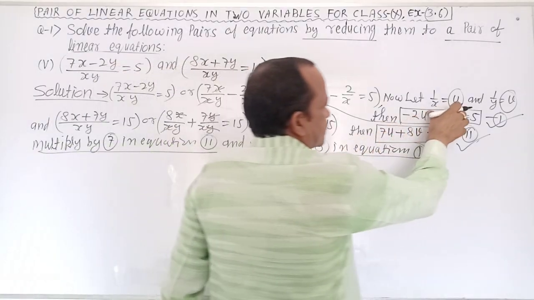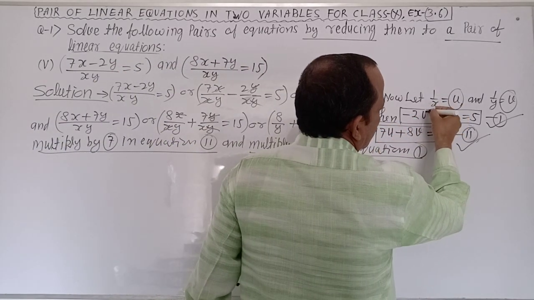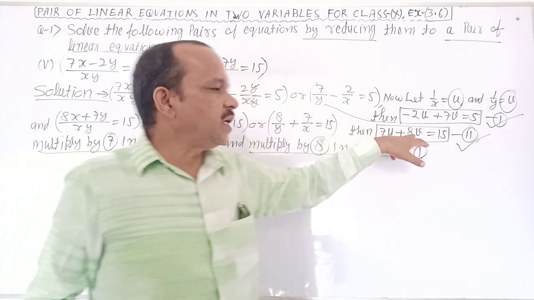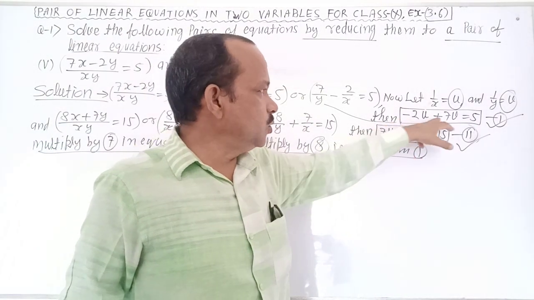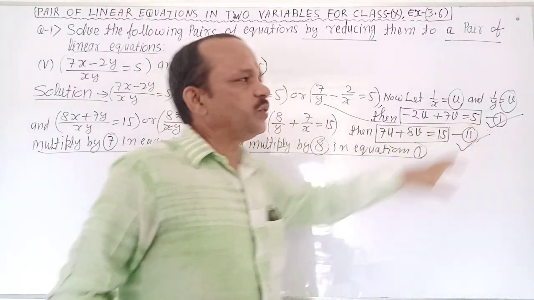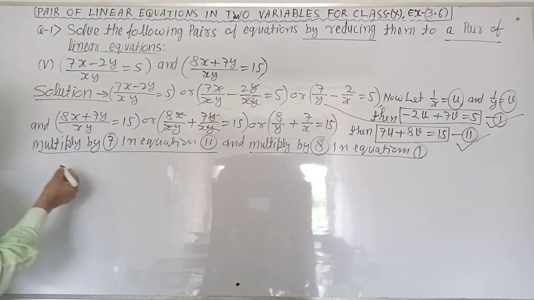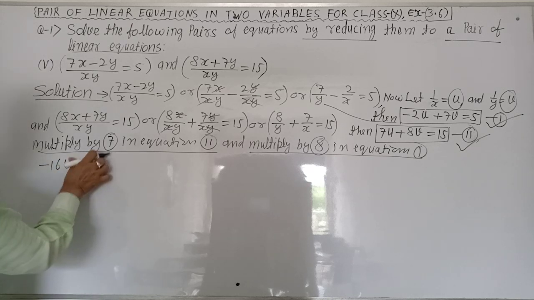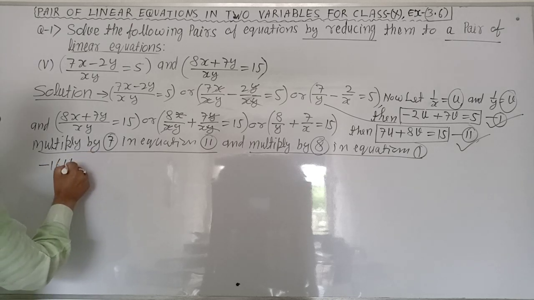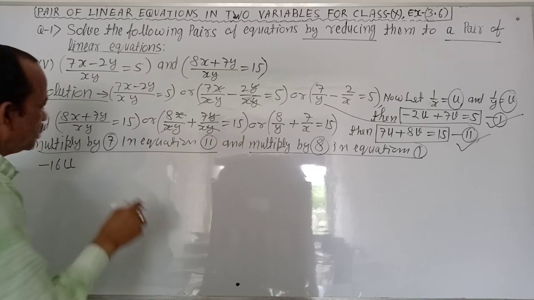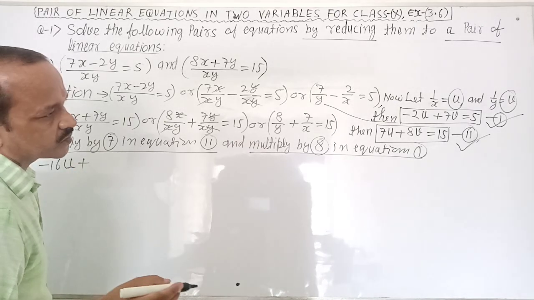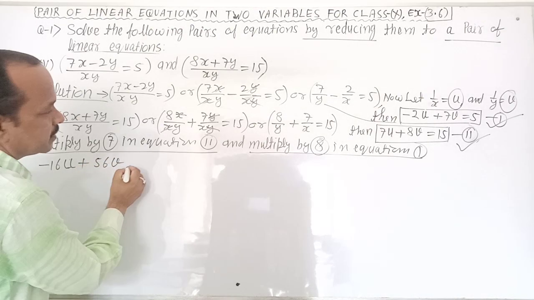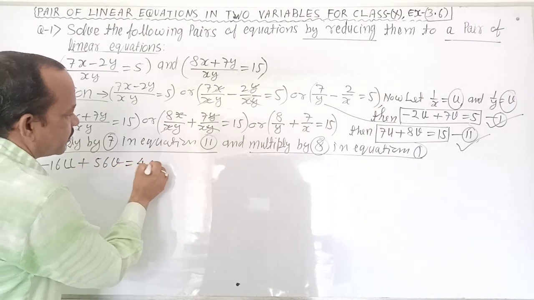It becomes, here it is 2u. Clear? Multiply by 8 in 2u plus 7v equal to 5. It becomes minus 16u plus 56v equal to 40.